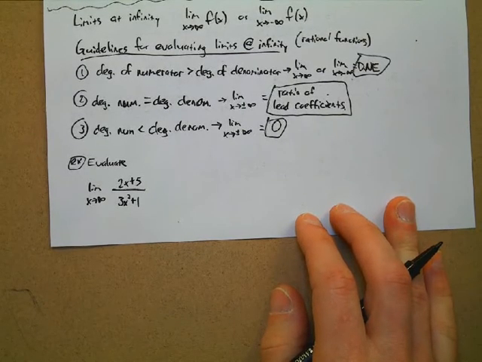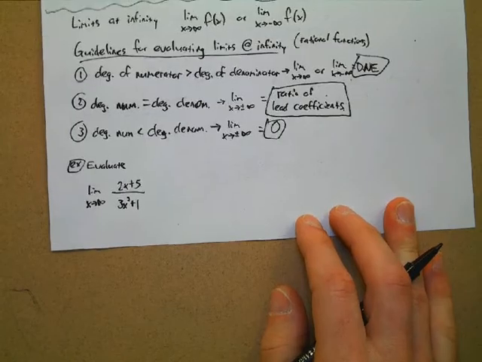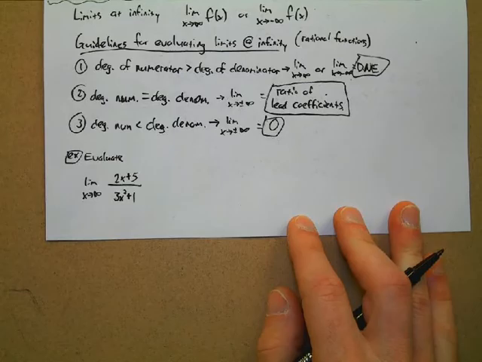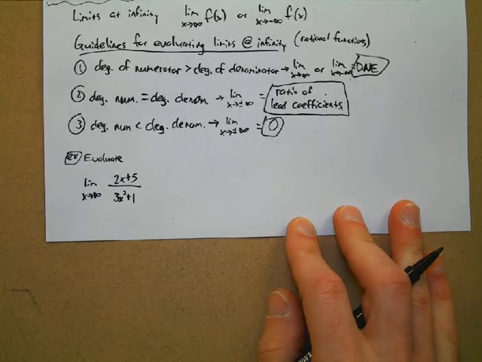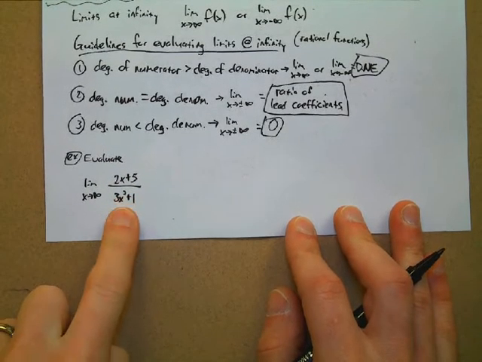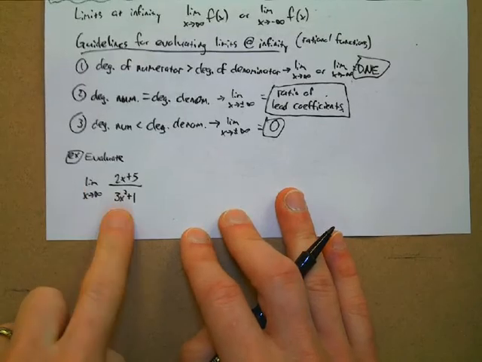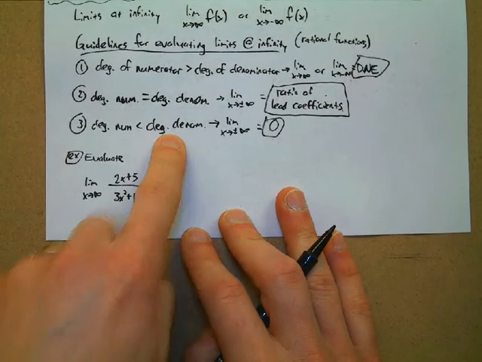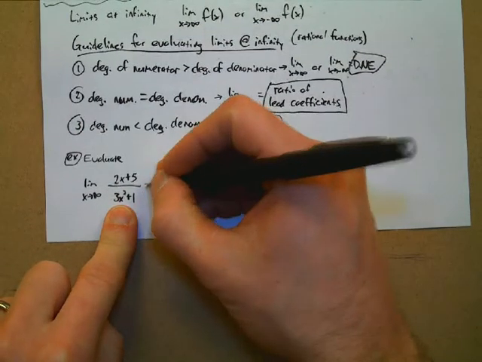The degree of the numerator is 1 and the degree of the denominator is 2. The highest powered term in the numerator is a power of 1, in the denominator a power of 2, so the degree of the numerator is smaller, and this approaches 0. That's the first one.